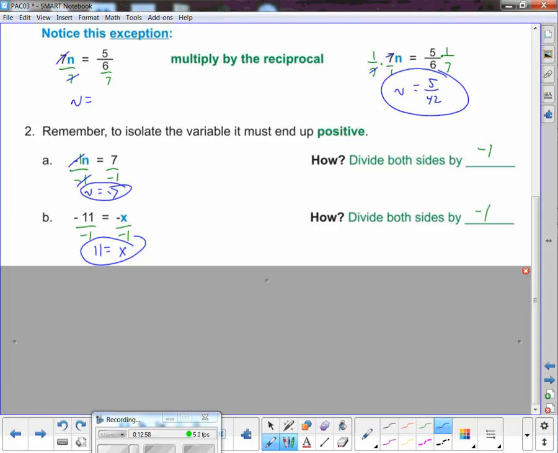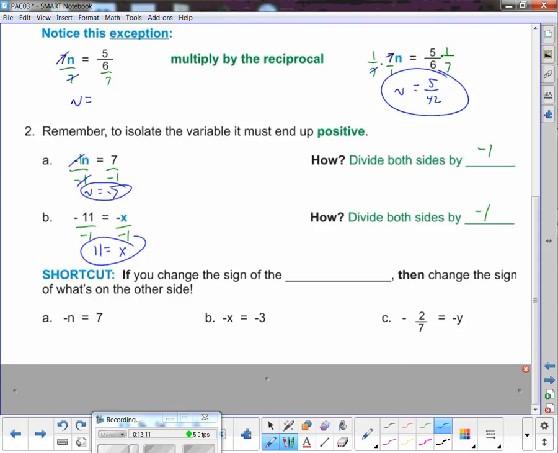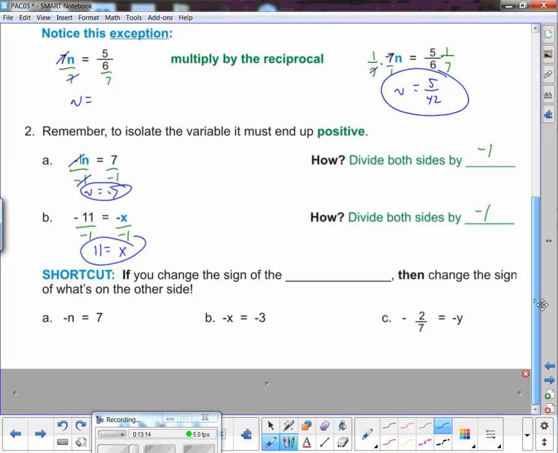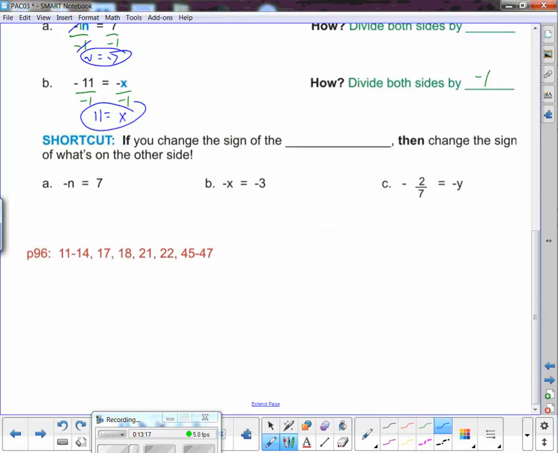So there's a shortcut. And this will always work, by the way. You can always divide both sides by -1 when your variable is negative. But there is a shortcut, and I don't know if you've seen it already, but it's real simplistic. If you change the sign of the variable, then simply change the sign of what's on the other side.